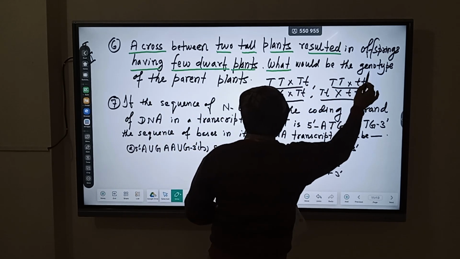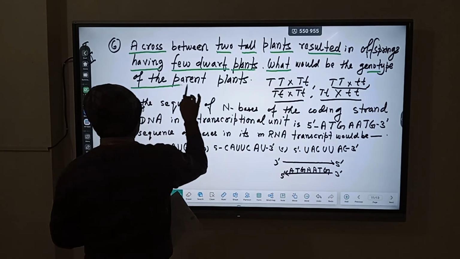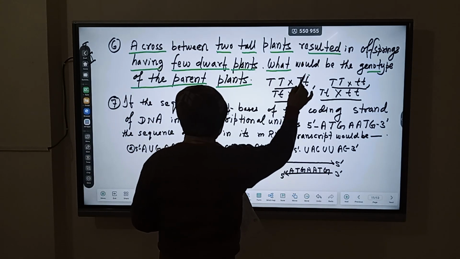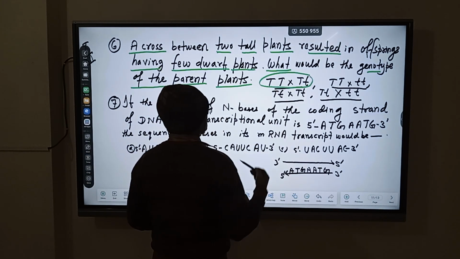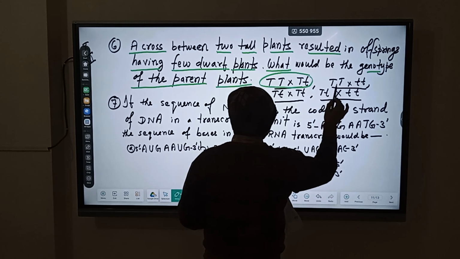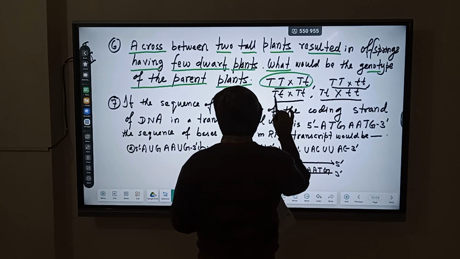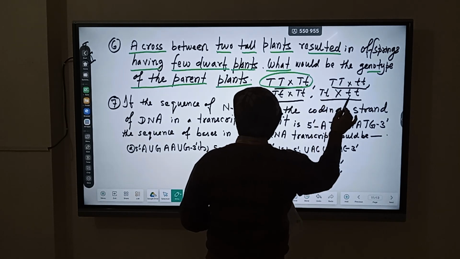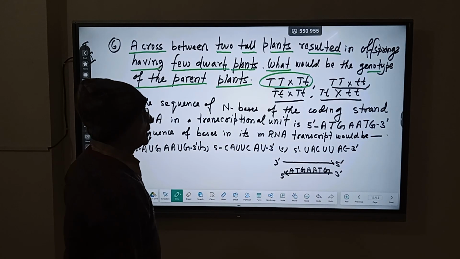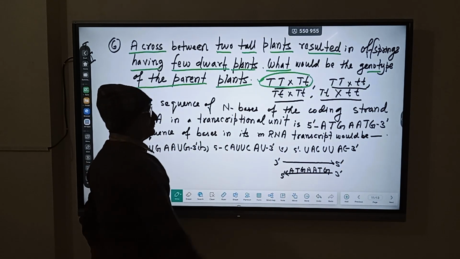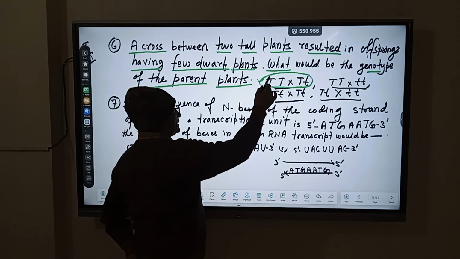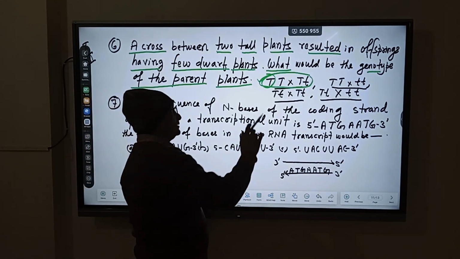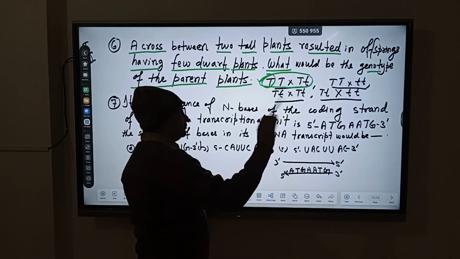What would be the genotype of the parent plants? Four genotypes are given: capital T, small t with capital T, small t; capital T, small t with capital T, capital T; capital T, small t with small t, small t; and so on. If this combination is taken, at least one T factor will be given to the progeny, so that makes them tall. So all will be tall.